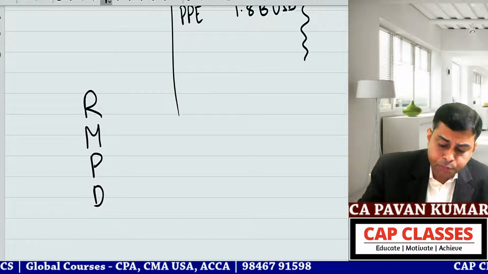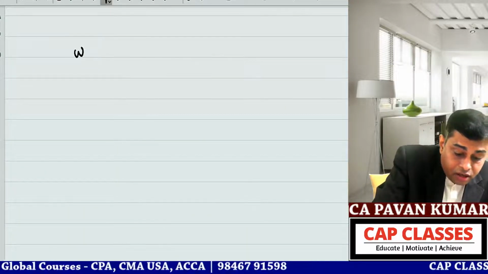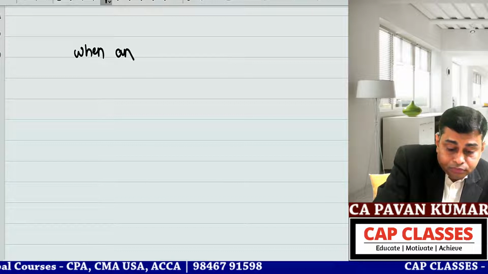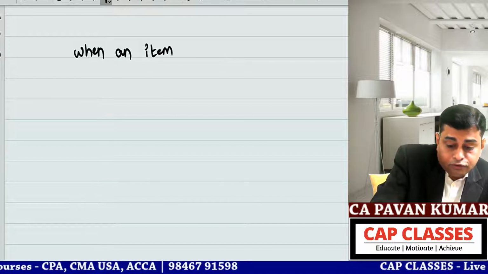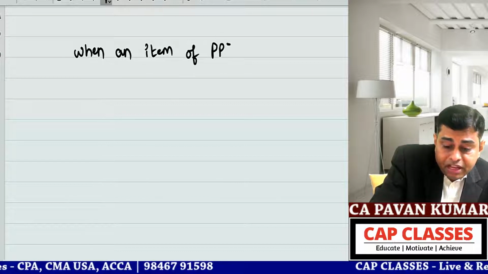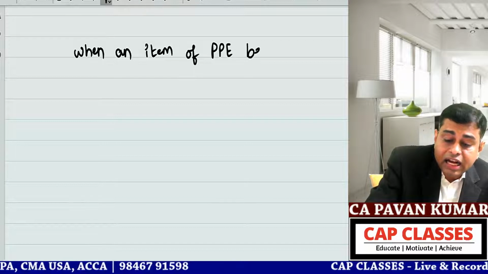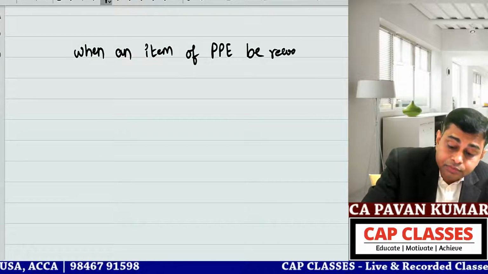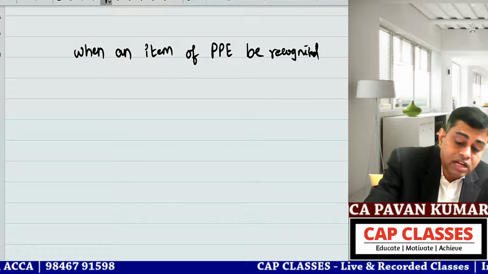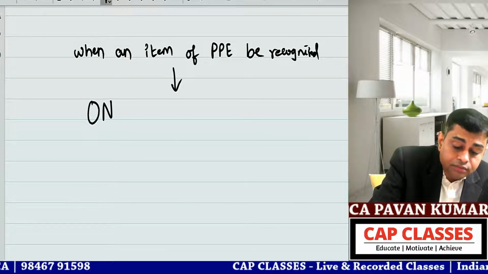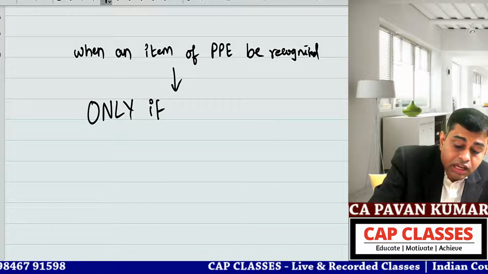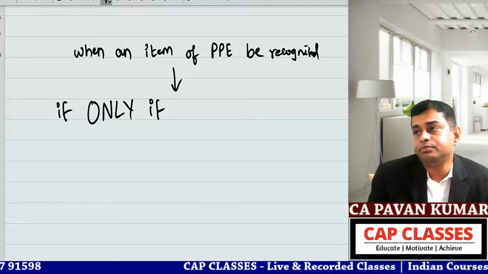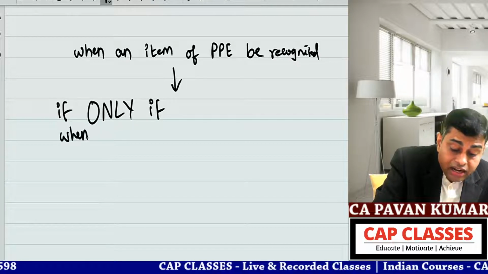Pavan sir, when an item of property, plant and equipment should be recognized, the standard uses one phrase: if and only if, when and only when.